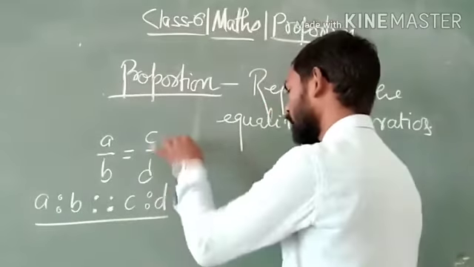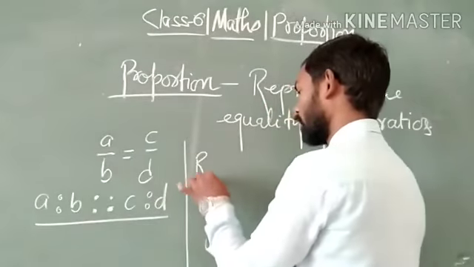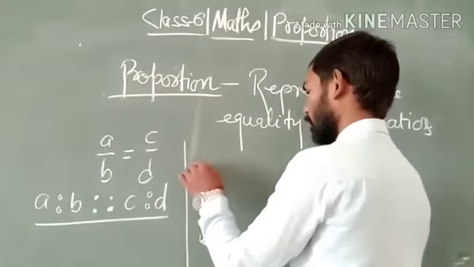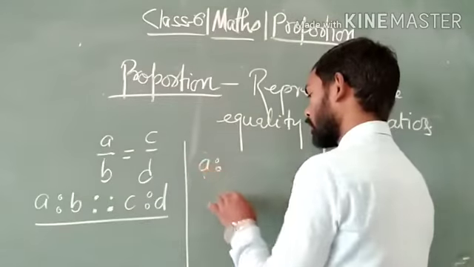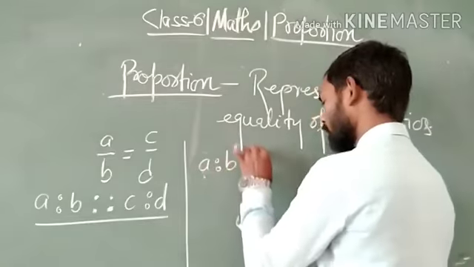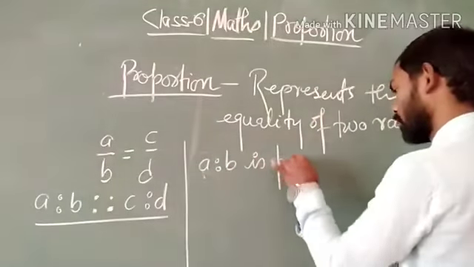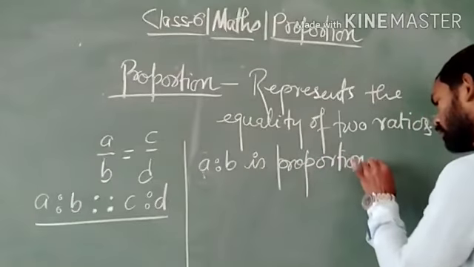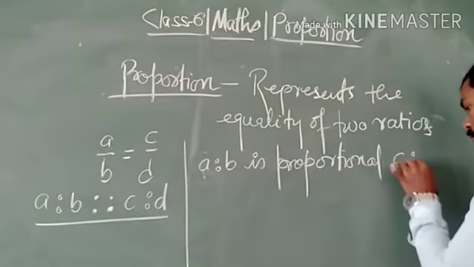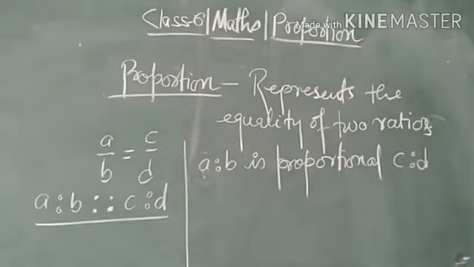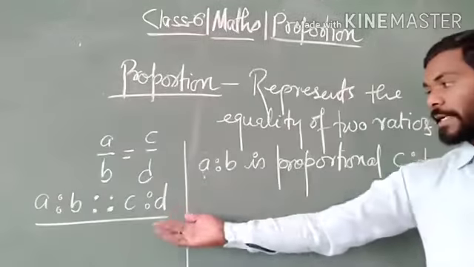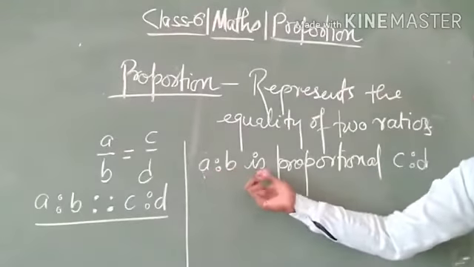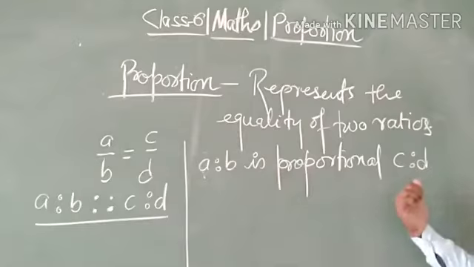So here it reads as A ratio B is proportional to C ratio D.